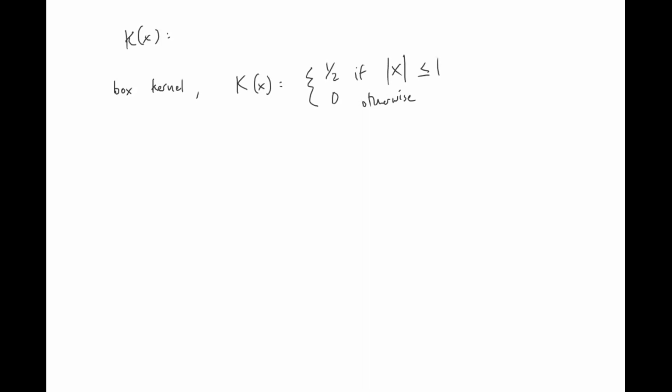So if you remember the equation really quickly, y is equal to the sum over i of k of (xi minus x) over h times yi, over the sum over i of k of (xi minus x) over h.